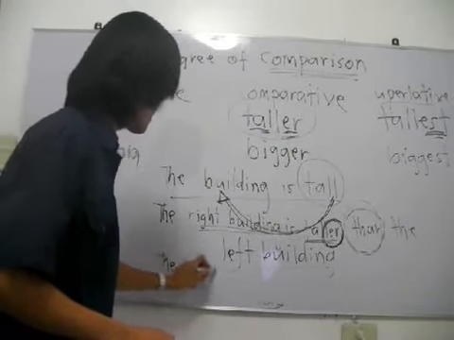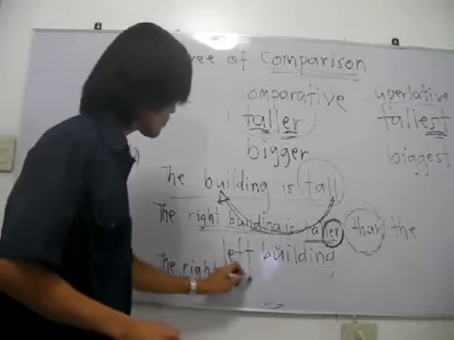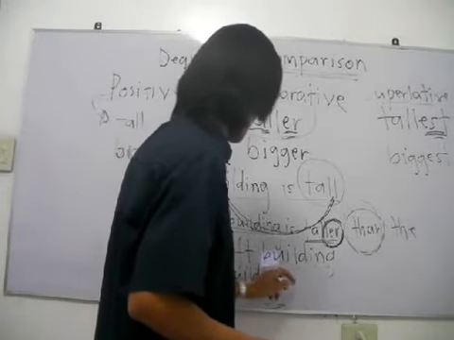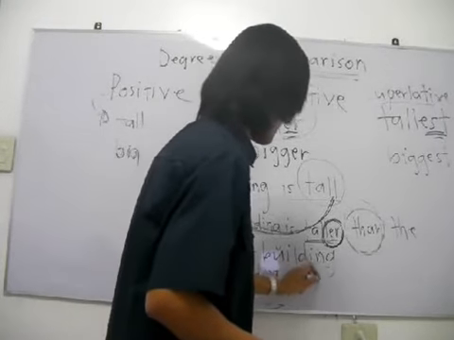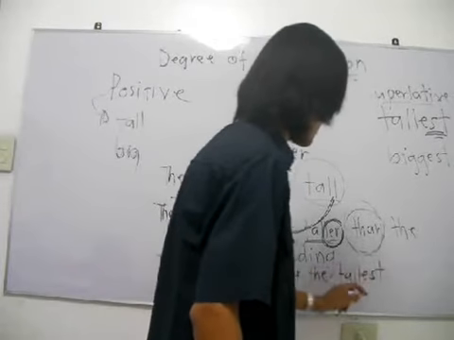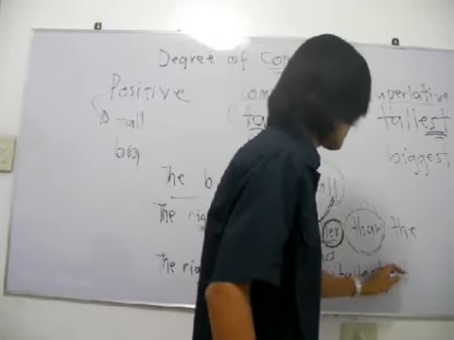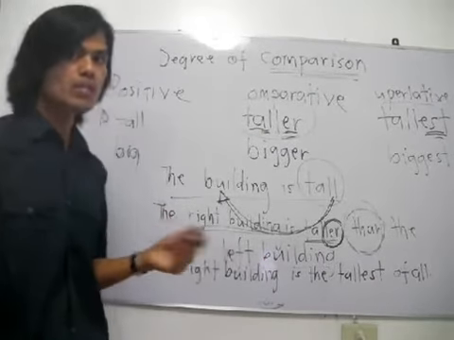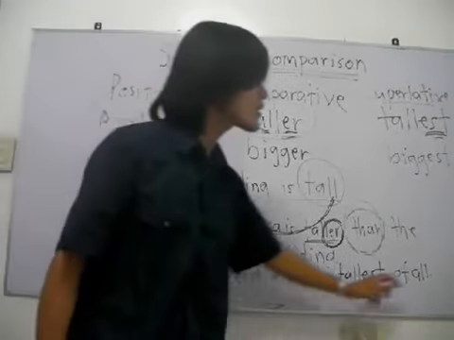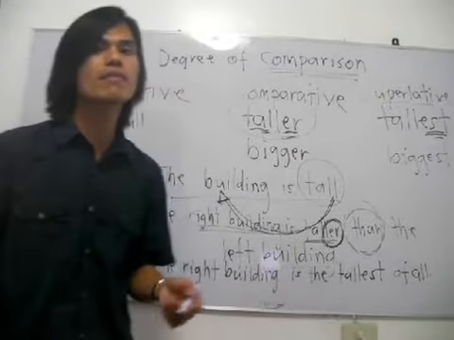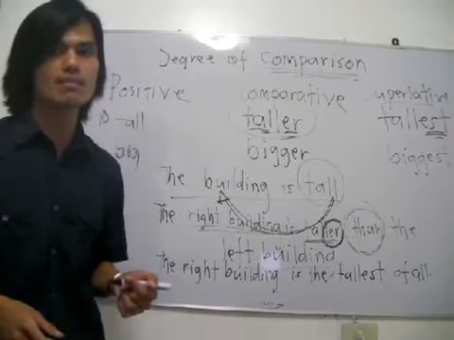Now for EST, I would say, the right building is the tallest of all. Okay? Remember, always put a period at the end of your sentences because this is an example of a declarative sentence or a statement.